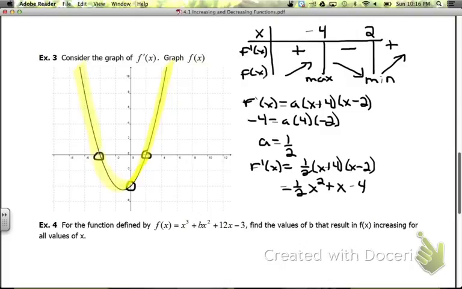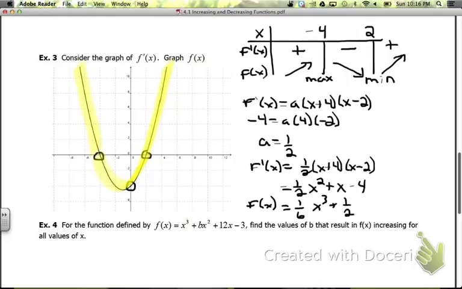Now, if we want to know what the actual equation was for our f of x, you could just work backwards. And we know that this would have ended up being x cubed to begin with. So how would I get to a half? I would have 1/6 x cubed.